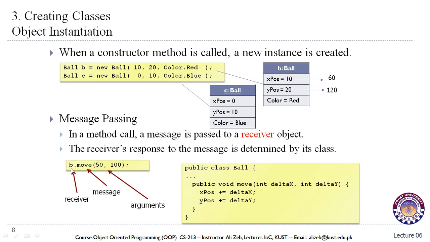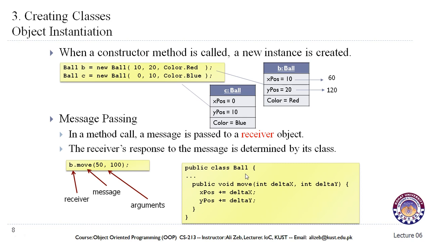So this is the object on which we want to call the method. So this is the receiver object, this is the message that we want to pass, and these are the arguments that we are passing that will be assigned to these parameters using this assignment operator, and the ball will be moved to the new position as a result of this method call.